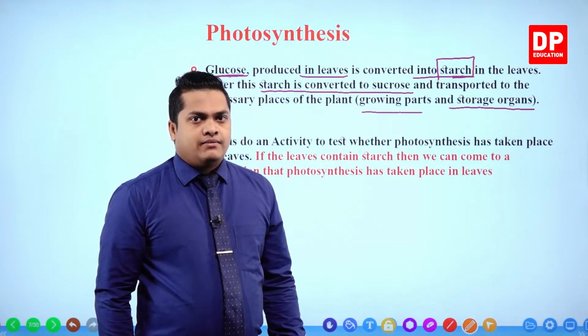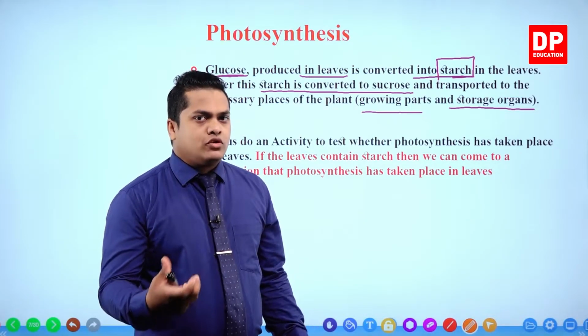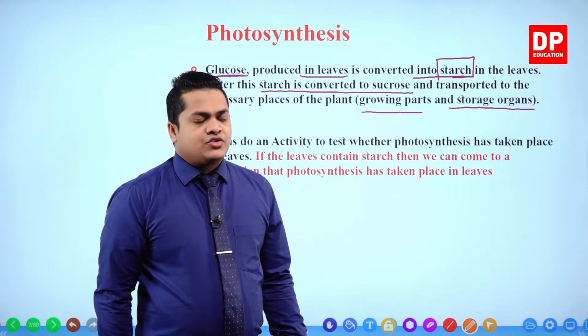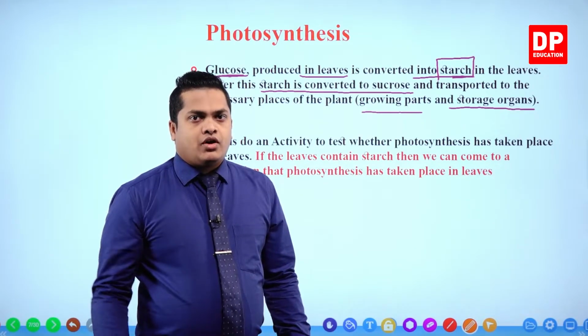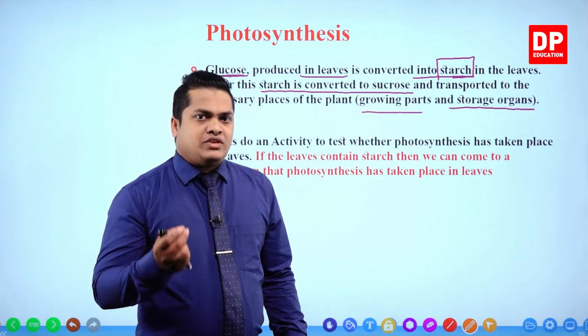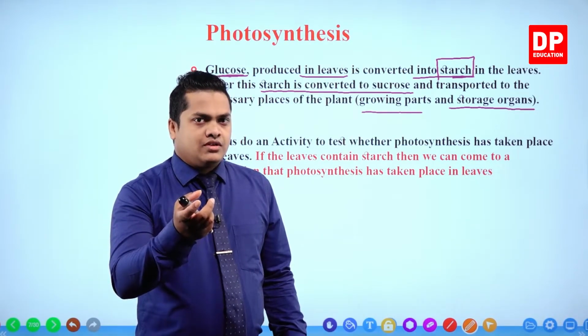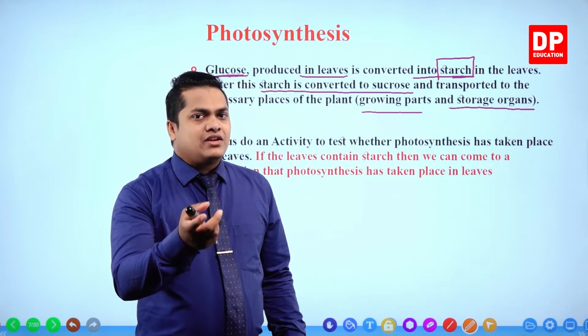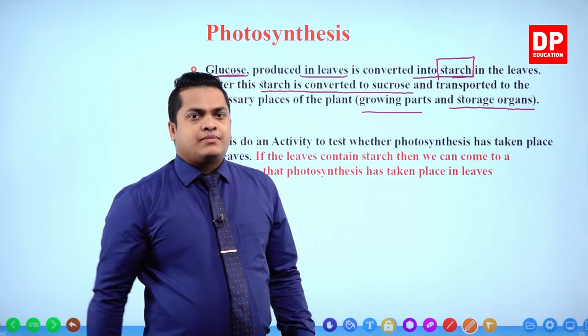Why is that? Because there is no possible way to form starch without glucose. The only living process which is able to produce starch is by glucose only, and glucose is produced by the process of photosynthesis.